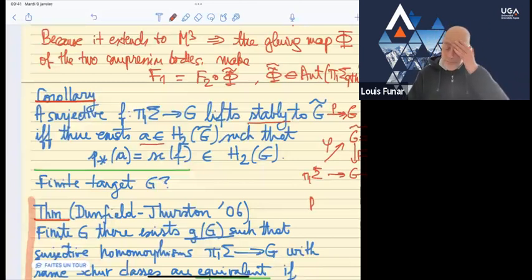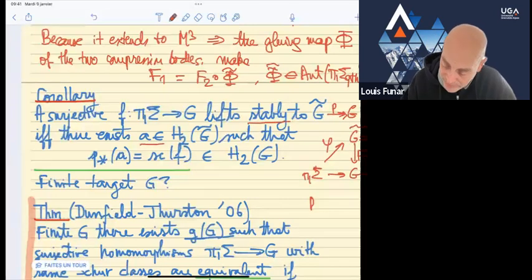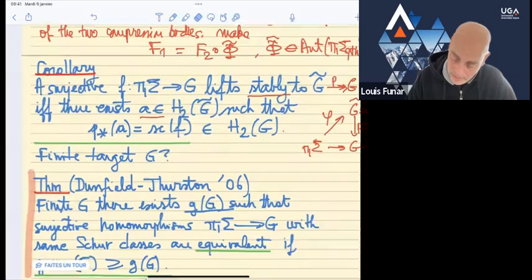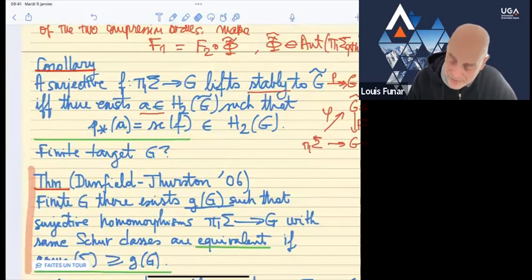And this is essentially everything we know in this general situation, namely how to lift homomorphisms from a surface into a group to a bigger group.